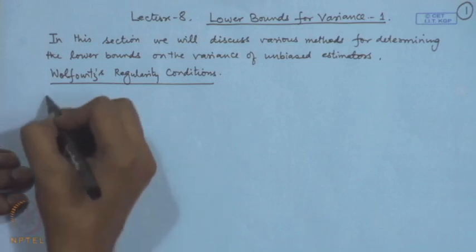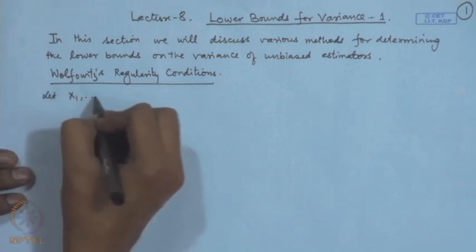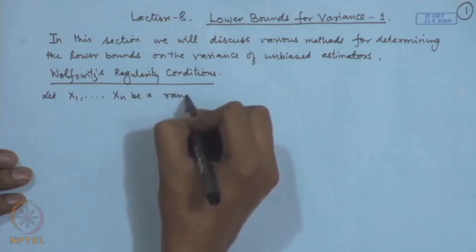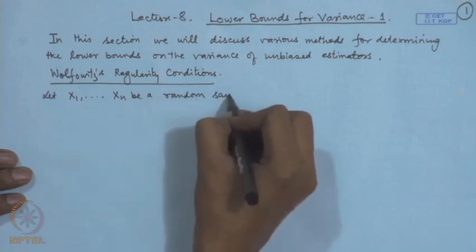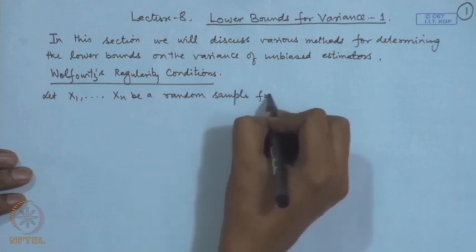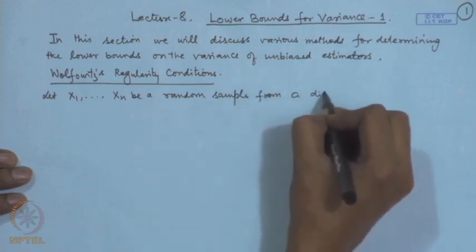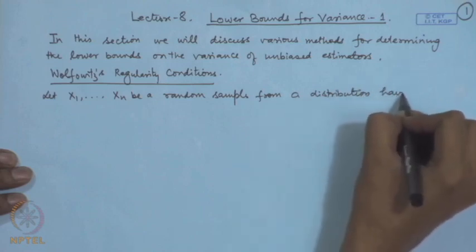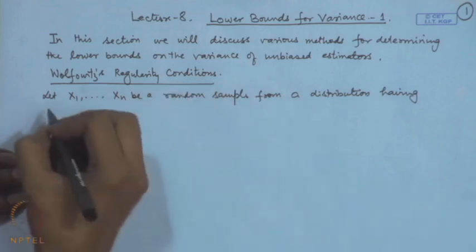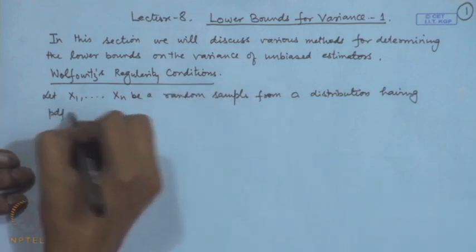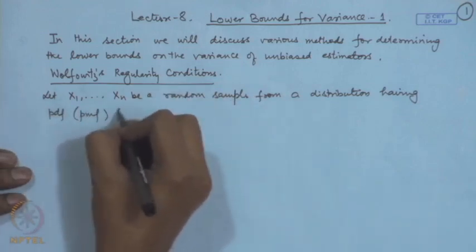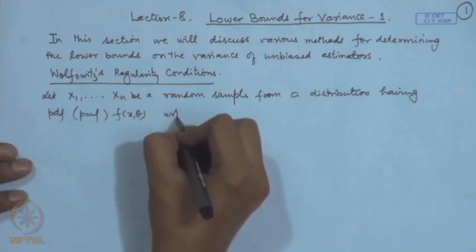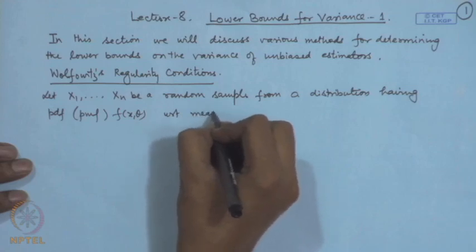So, as before, we have a random sample from a distribution having, say, PDF, and of course, it could be PMF, f(x, theta), with respect to say measure mu.